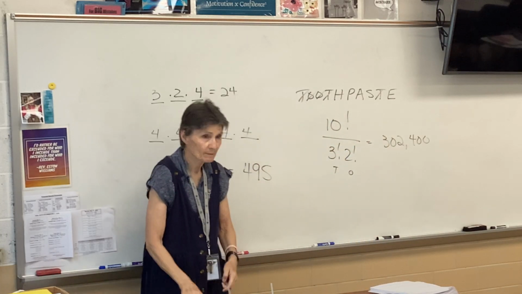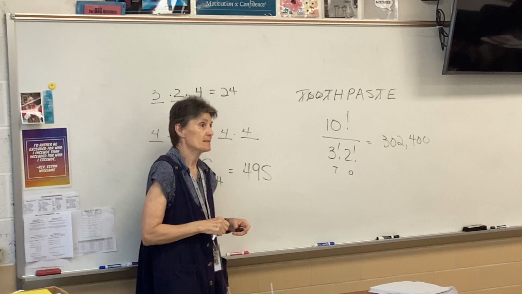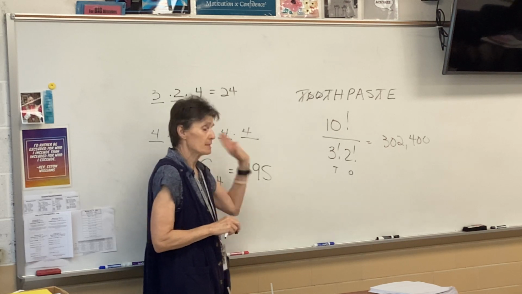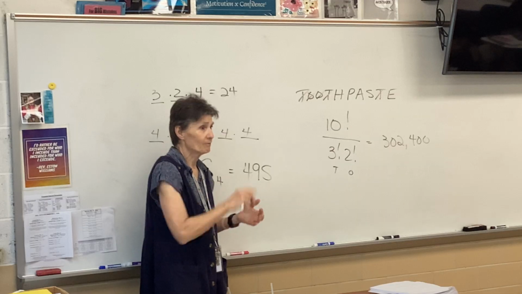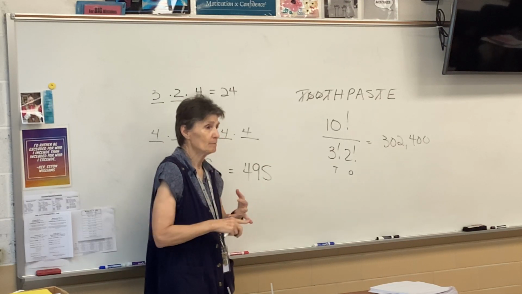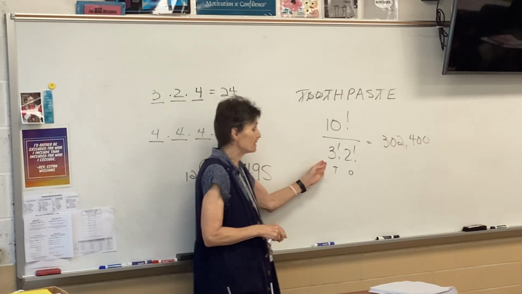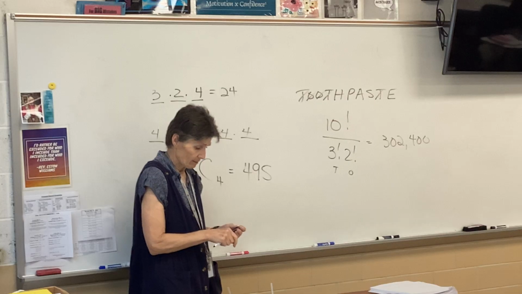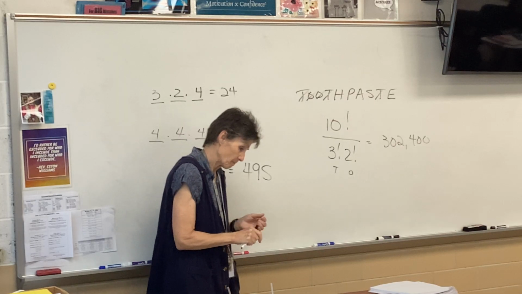If that's what you got, right on. If that is not what you got, make sure that you are typing in 10 factorial divided by 3 factorial divided by 2 factorial. These are individual divisions. You are dividing by both of those things.